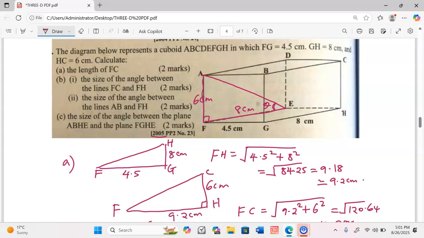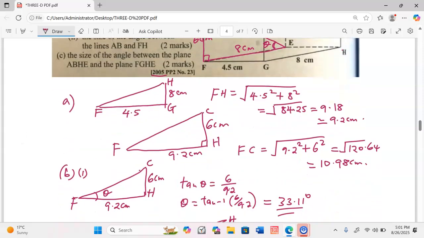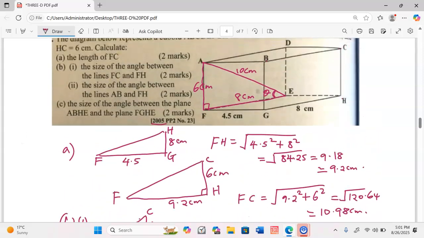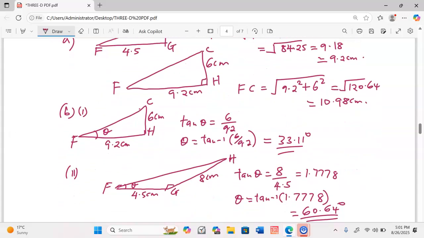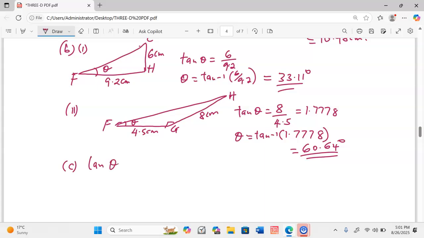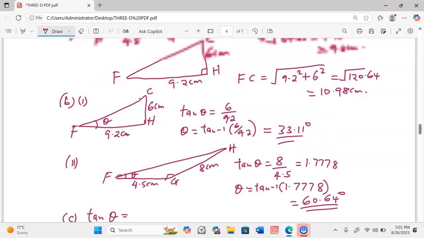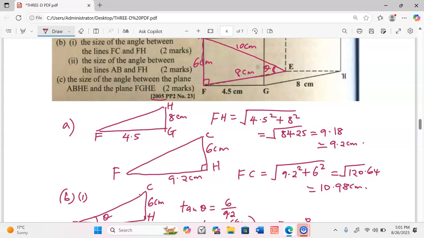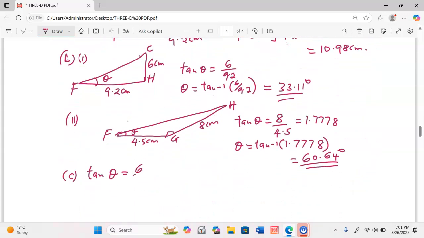Using Pythagoras theorem, AE is going to be 10 centimeters. However, since we have the two sides, we can use them to get the angle we are looking for. We have the opposite and the adjacent, meaning the tan theta of an angle is going to be opposite, and the opposite side is 6 divided by the adjacent, which is 8, and this one is going to be equal to 6 over 8, which will give us 0.75.